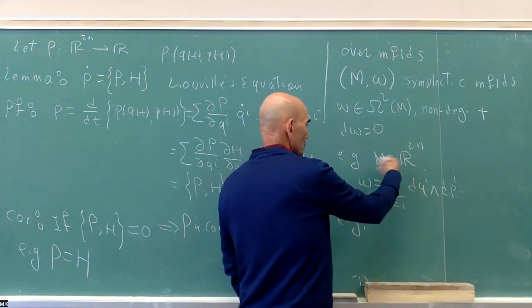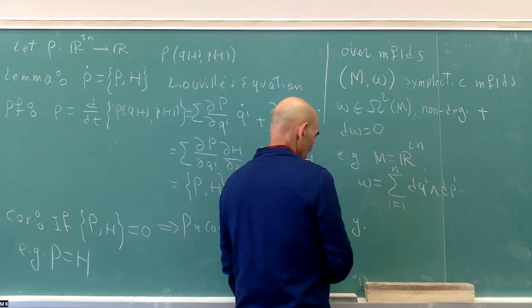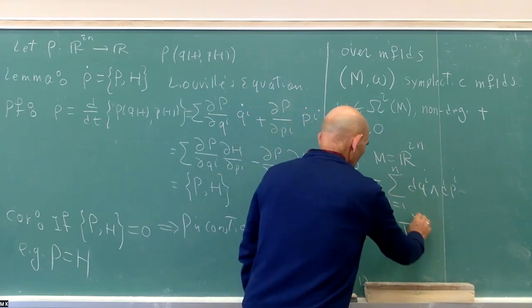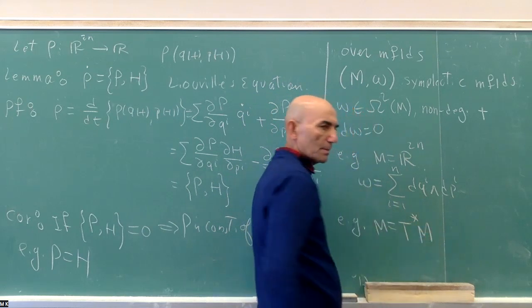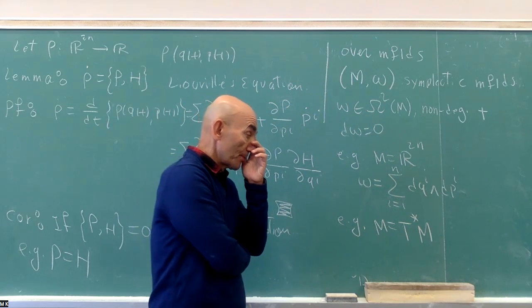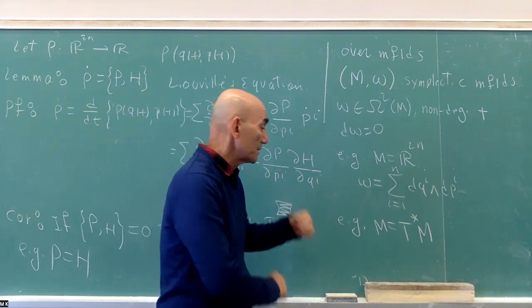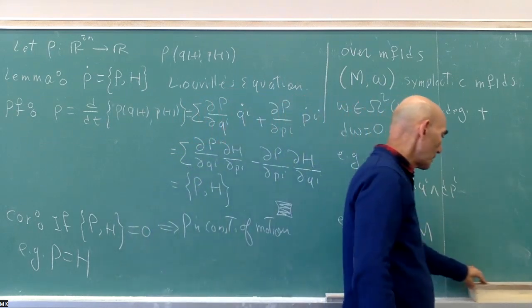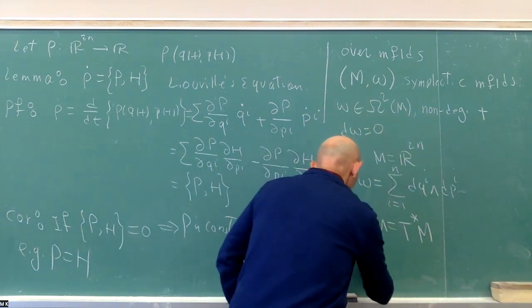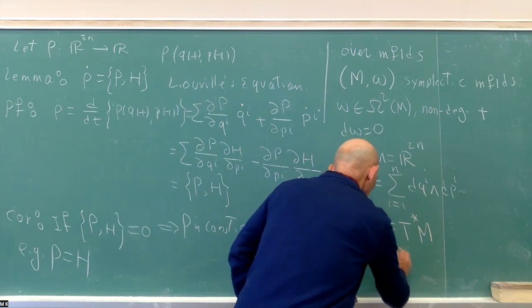Another example, which shows what this is all about, is when you have a manifold and its cotangent bundle. So when you look at the cotangent bundle, in this case there is an omega, which is d theta.